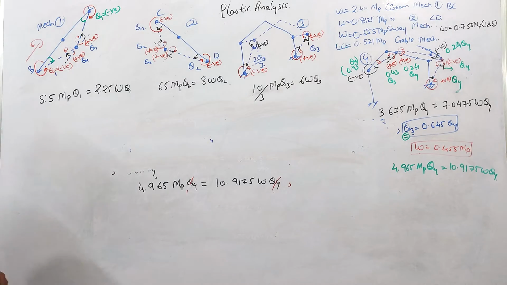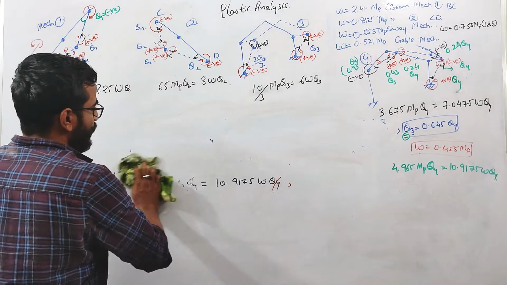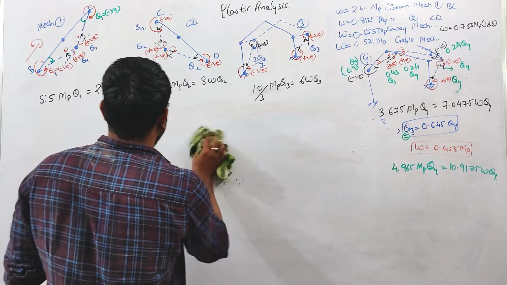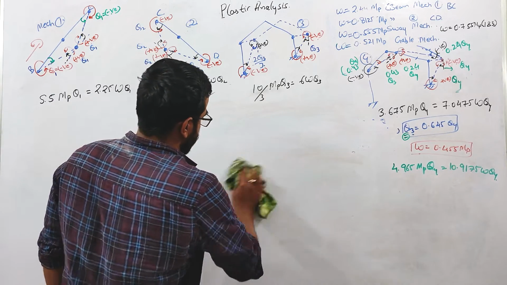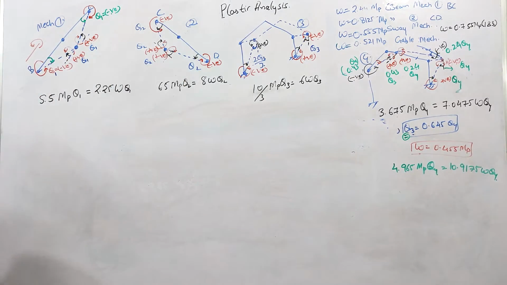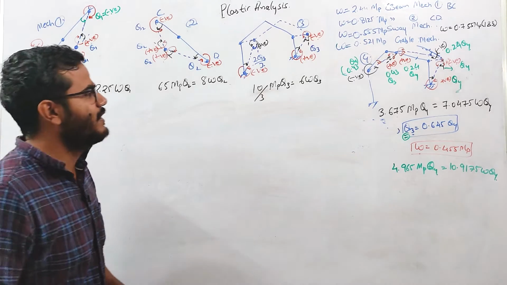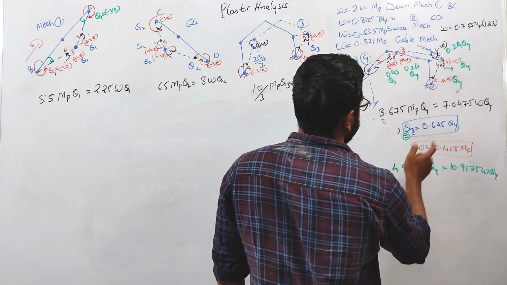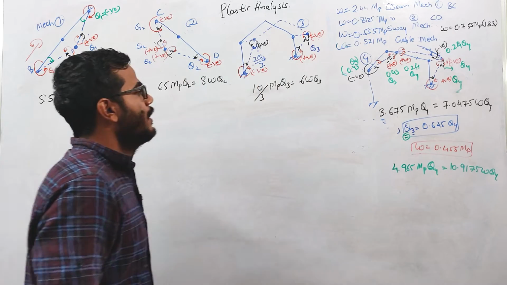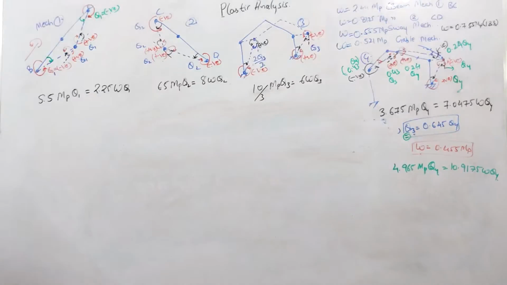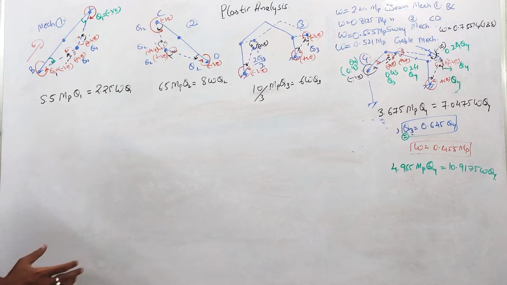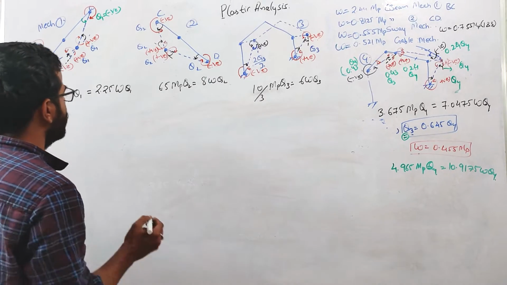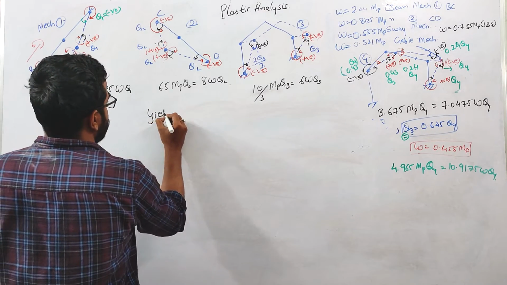So the value of W comes out to be 0.455 MP, which might be the critical one. Okay. If you have this option in the answers, you can easily mark this. But we cannot say that this is a true collapse load, right? Because for true collapse load, we need to satisfy the yield condition.